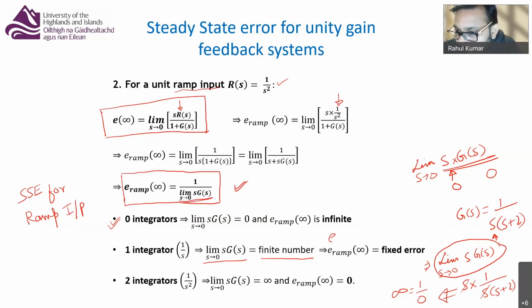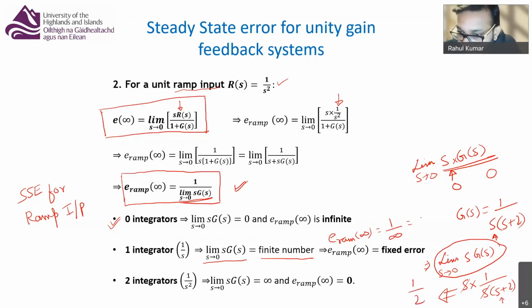So E ramp at infinite will be 1 divided by infinite. Sorry, essentially you will not get 1 divided by 0. If you put s equals to 0, you will get 1 divided by 2, right?